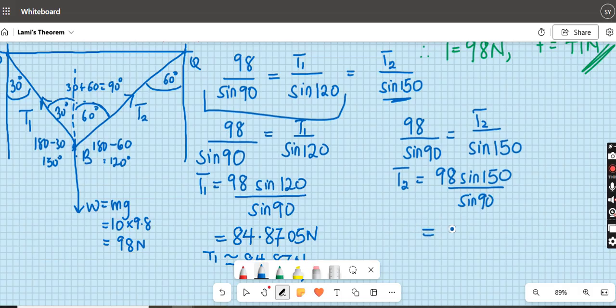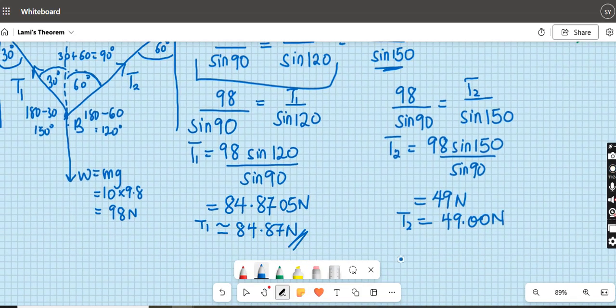Now if we compute this as well, we should get 49 Newton. So our T2 is 49.00, since the question said we should find it to 2 decimal places. So we have T1 84.87 and we have T2 49.00. Let's move to question 3.